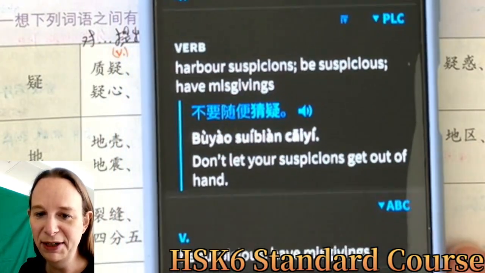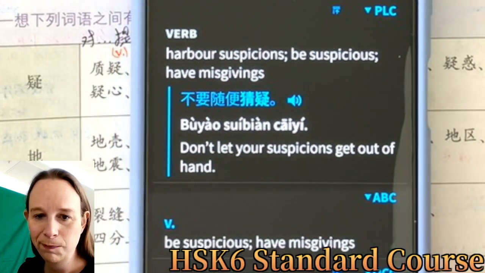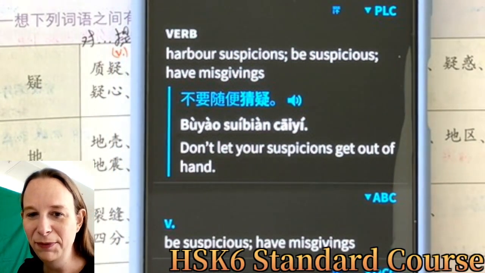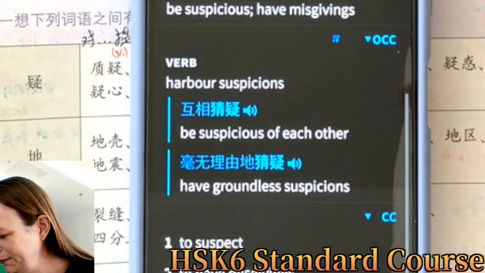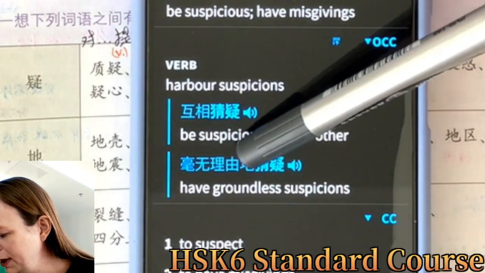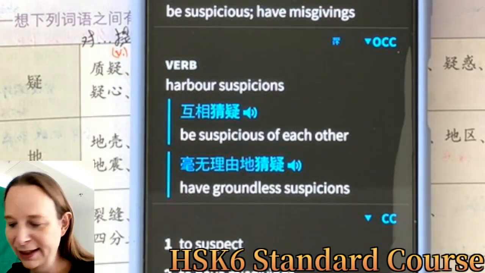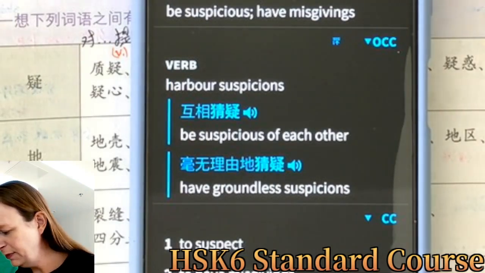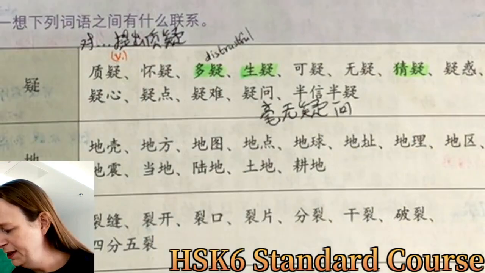You don't need to be suspicious without reason, it shouldn't be arbitrary suspicion, kind of thing. 毫无理由的猜疑, suspicions.